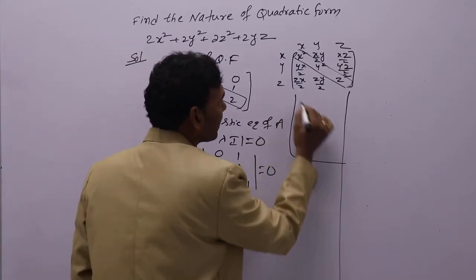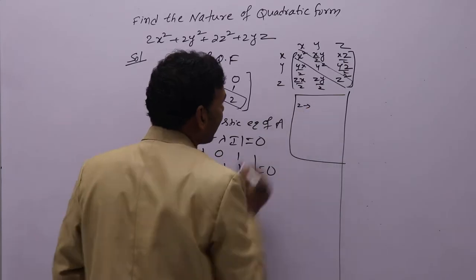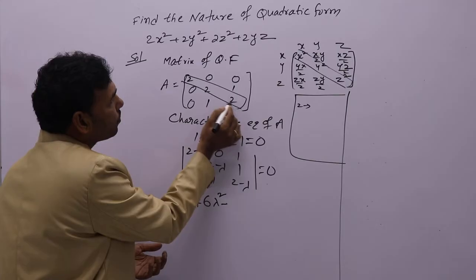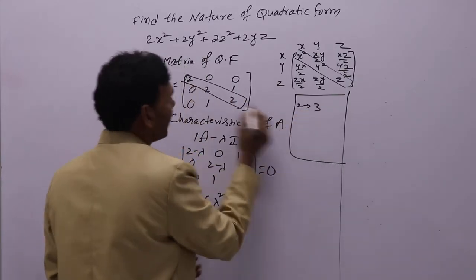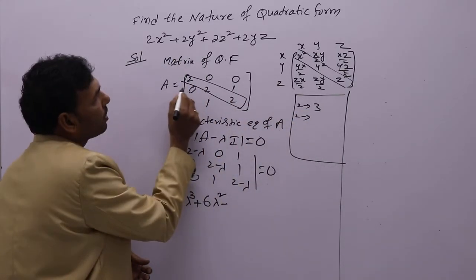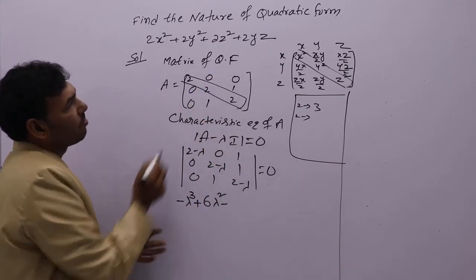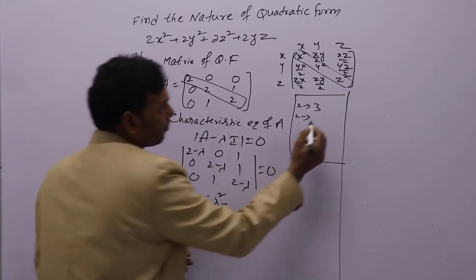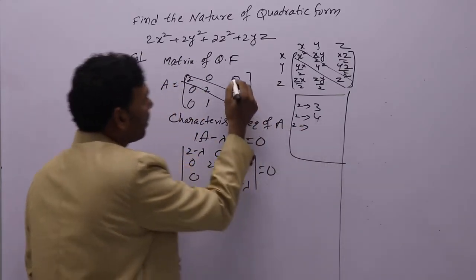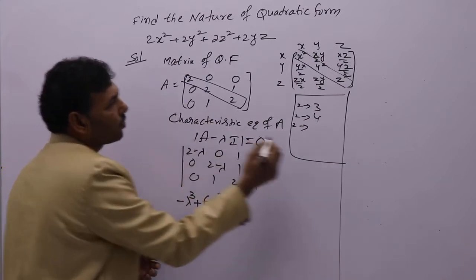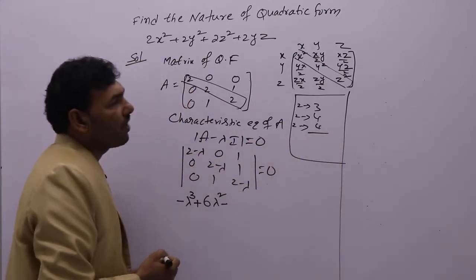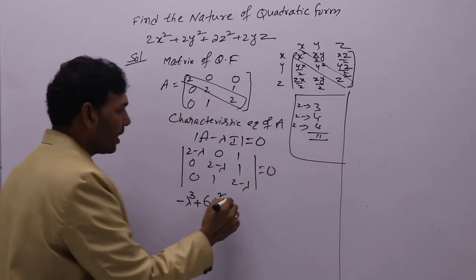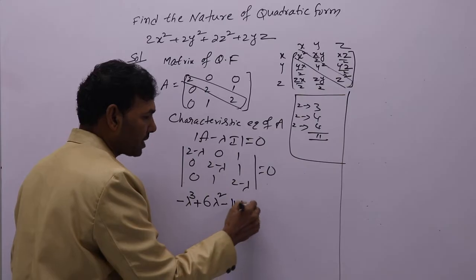For the first 2, the corresponding row and column are eliminated. 2 2s are 4, 4 minus 1, 3. Next, for the second 2, the second row and second column are eliminated. 2 2s are 4, 0 minus 0, 0, 4. Next, for the last 2, the last row and last column are eliminated. 2 2s are 4. So what is my value? 4 plus 4, 8. 8 plus 3, 11. So 11 lambda plus det A.